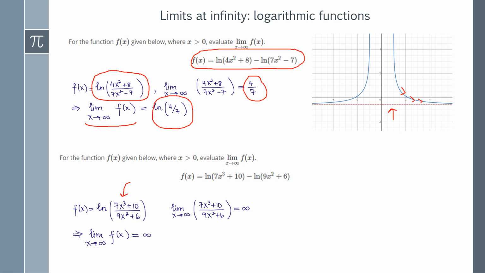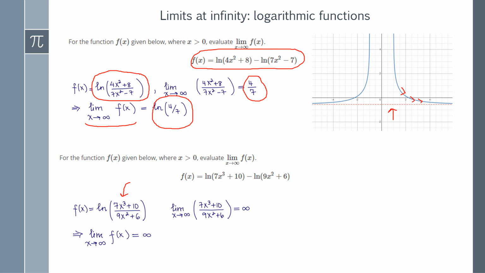Now notice the limit of this rational expression is positive infinity as x goes to infinity. And I am skipping some steps here. But what can you do here? You can divide both top and bottom of this expression by x squared, and you will see that you're going to get infinity on top and a finite number on the bottom.